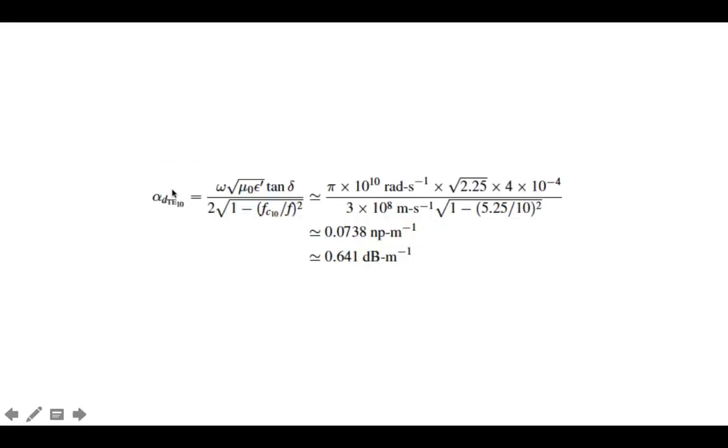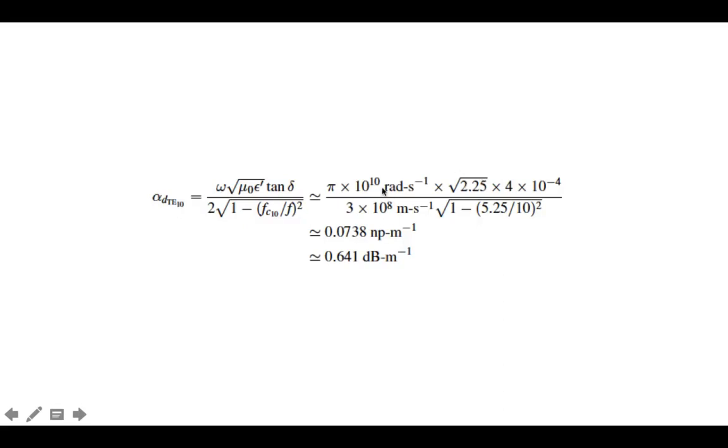The dielectric losses are given by the following formula, and here's where the loss tangent shows up. Epsilon prime is approximated in a low loss dielectric as basically epsilon relative. So we can make a substitution for the square root of mu naught epsilon prime. We can substitute 1 over c for the mu naught epsilon naught part, and then the relative goes here in the numerator.